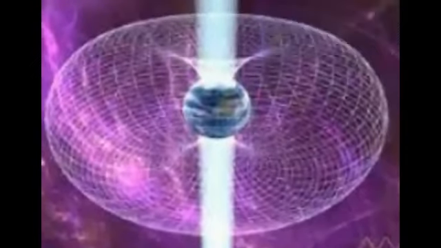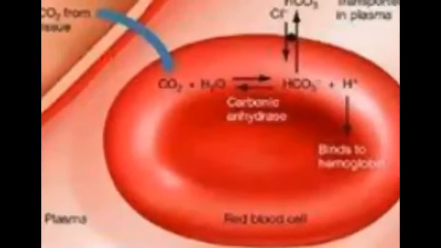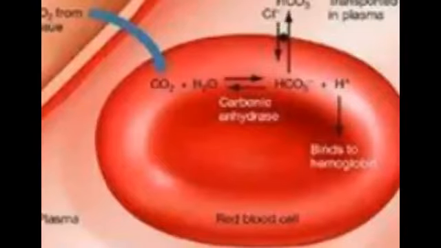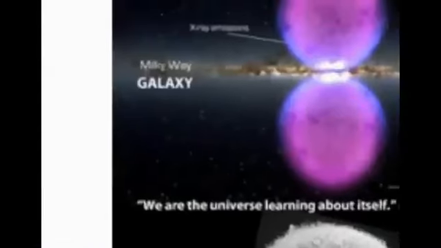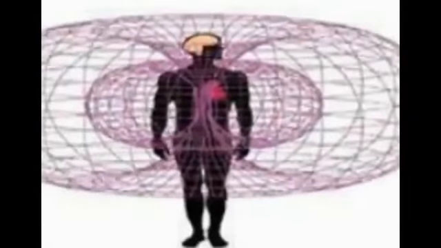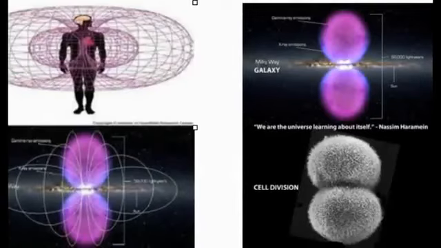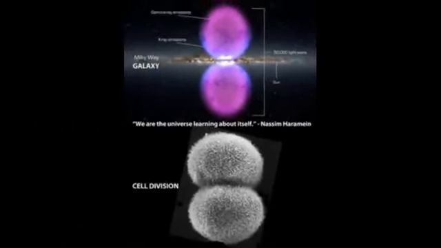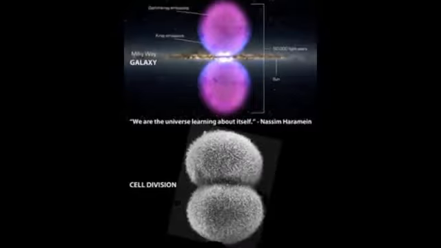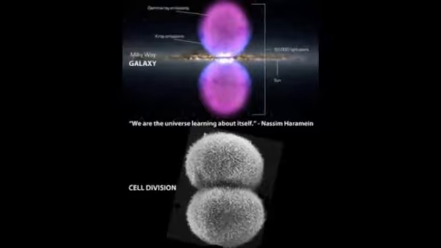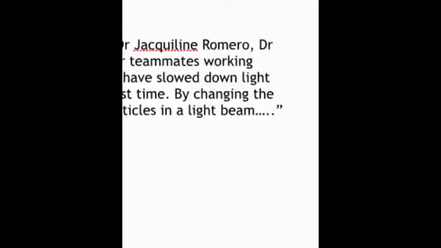Just keep in mind that picture: how the common torus divides into two parts, and where the geometrical vector is between the two tori in the middle. In the same way the galaxies divide, and the same way the cells in our body divide, in the same way you saw the energy system in our body divide. This is the repetitive model. Okay, then we go to the next slide.